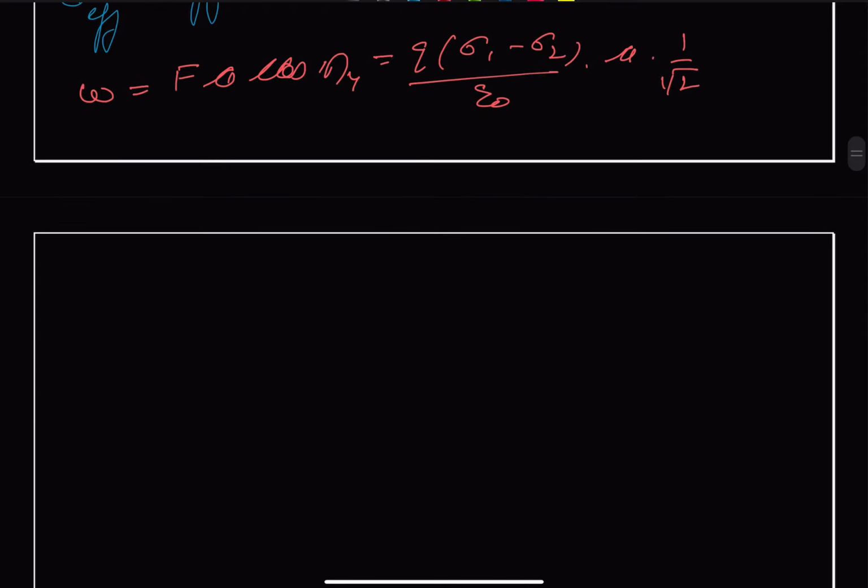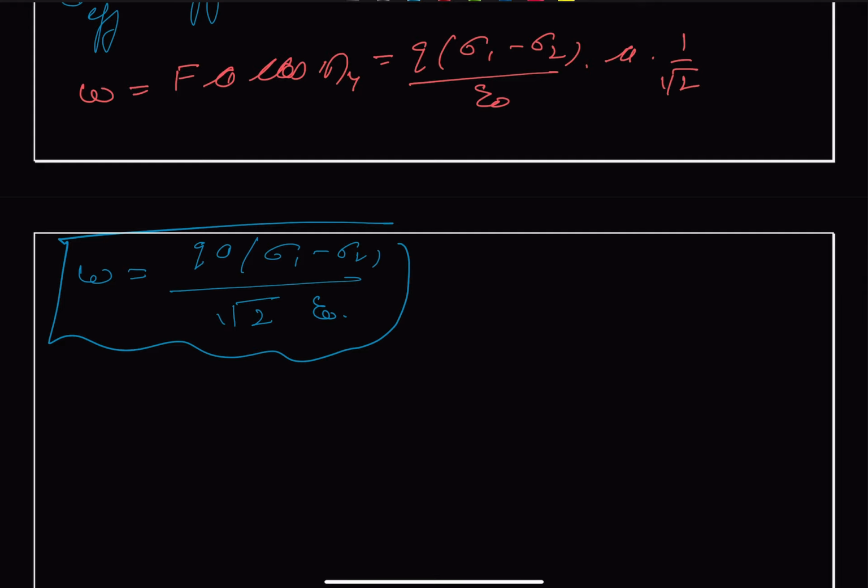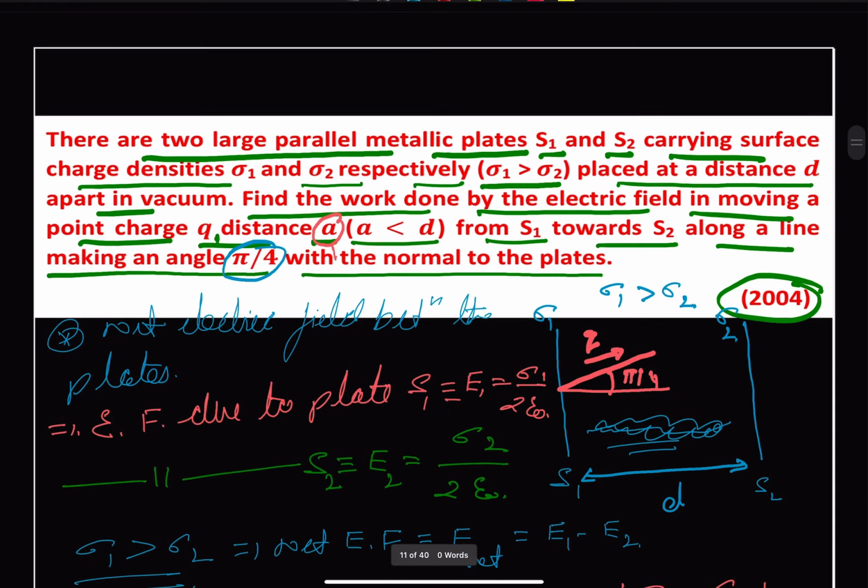So now it is almost done. We get the work done equal to Q A times sigma 1 minus sigma 2 divided by square root of 2 epsilon naught. So this is the work done by the electric field.